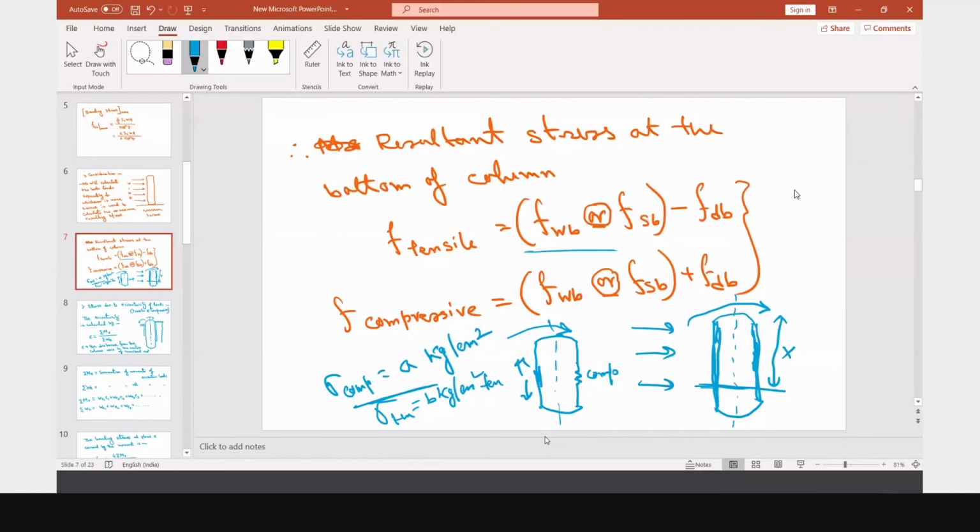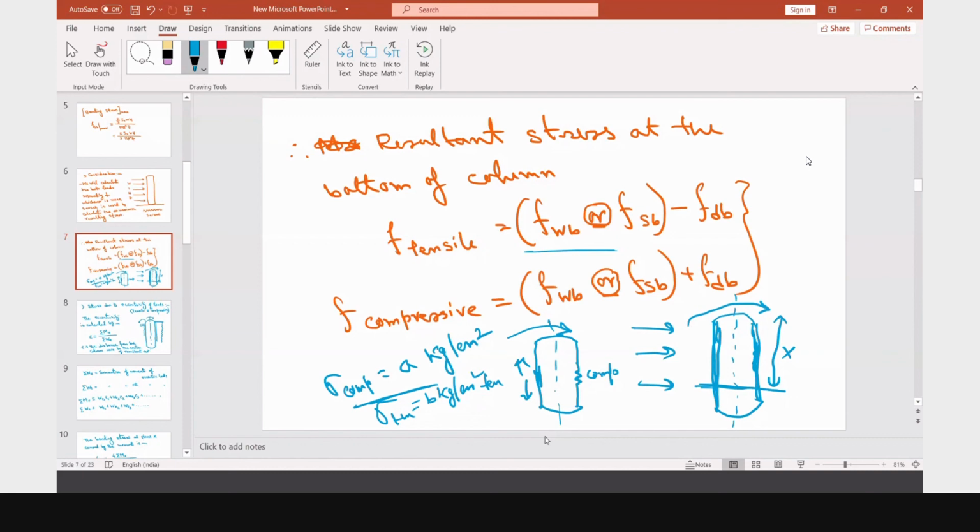A material can be broken easily under tension, or some material can easily be broken under compression. If you hammer a cast iron, it will break easily, but if you hammer a steel, it will not break.